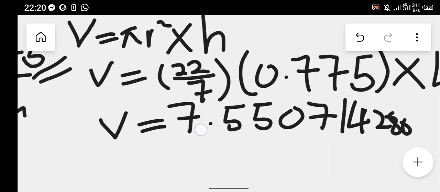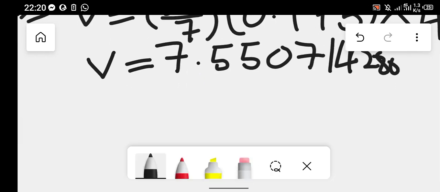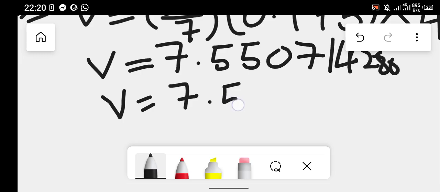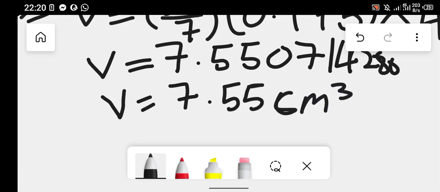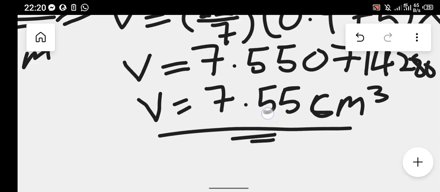So if you are to leave this answer in two decimal places, the answer should be like this. Remember, volume is centimeter cubed. So we have found A2. That's the answer for A2. That's our volume.